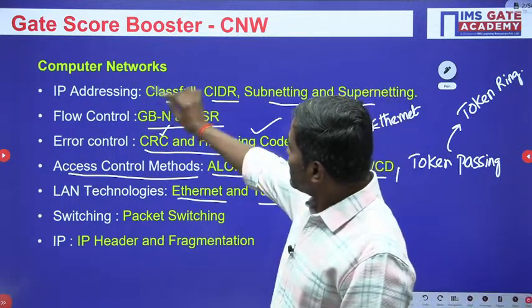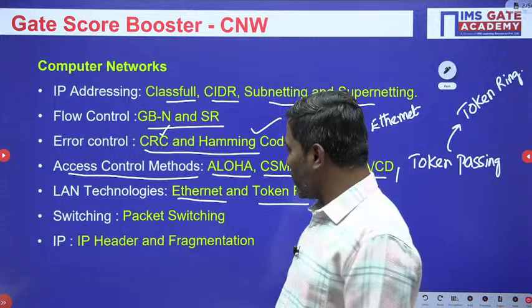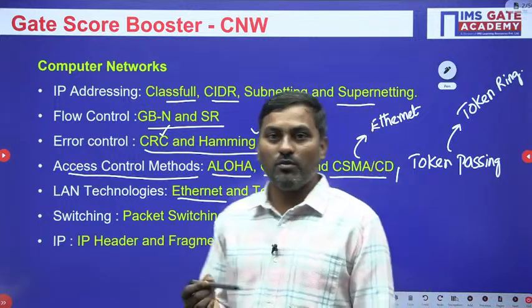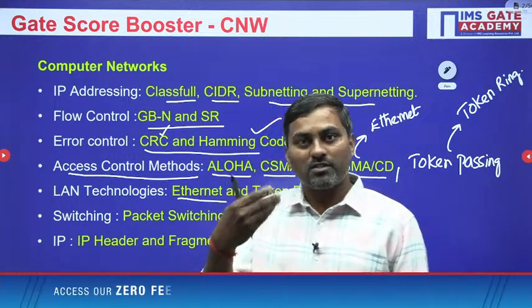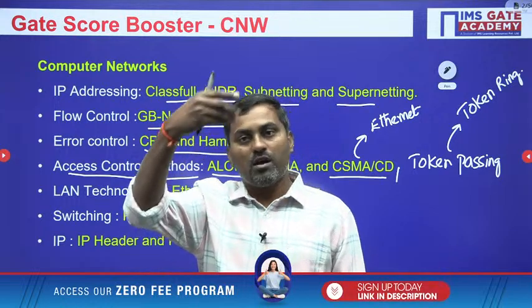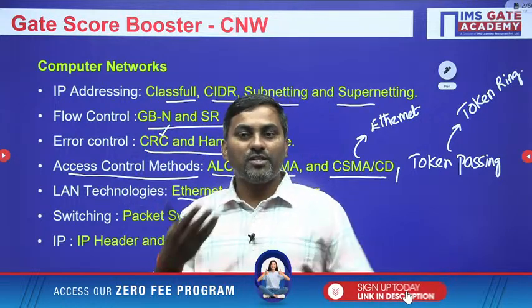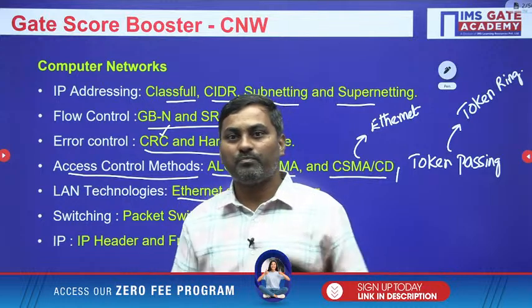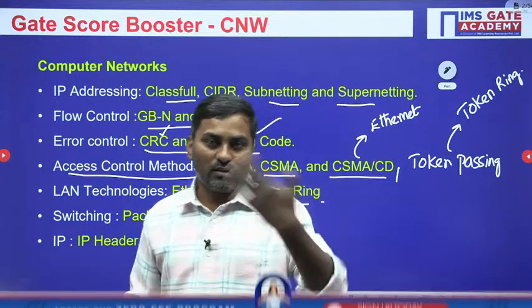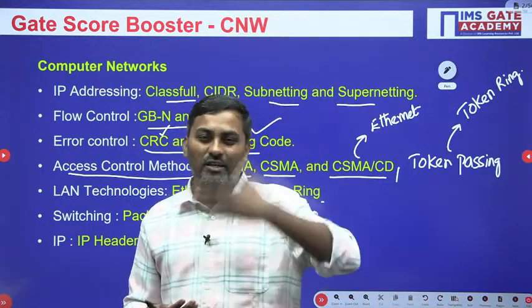Switching is part of the network layer, and IP is also network layer. Computer networks can be studied from top to bottom: you study the application layer first, then come down to the transport layer, network layer, data link layer and physical layer.